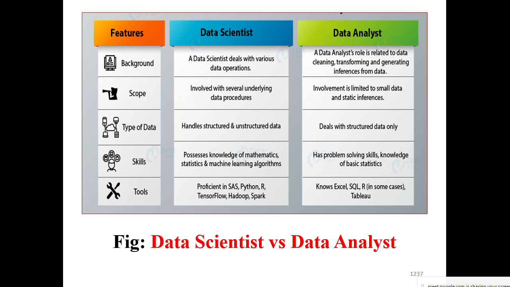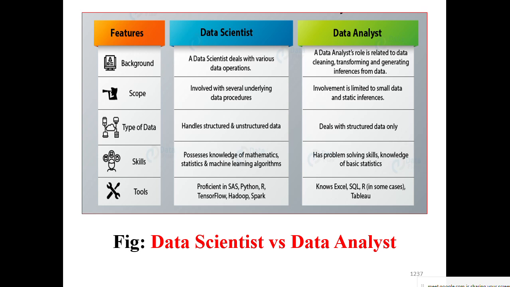A data scientist is involved with several underlying data procedures, whereas the analyst's scope is related to data analysis. Analyst involvement is similar, limited to small data and static inferences. Type of data we are handling in data science: structured data, unstructured data.